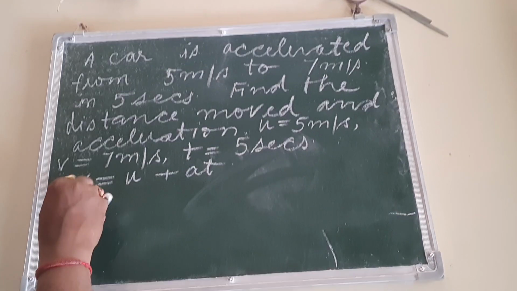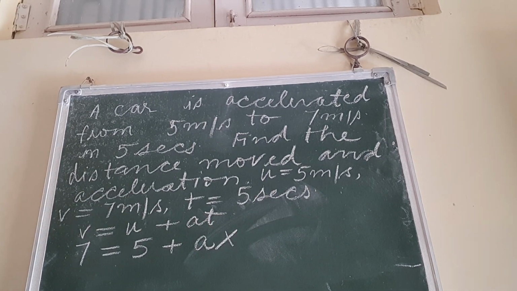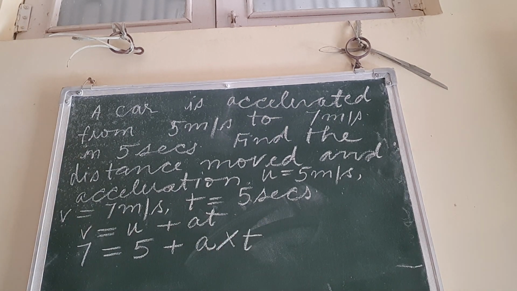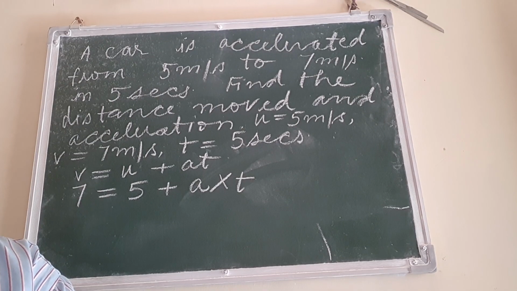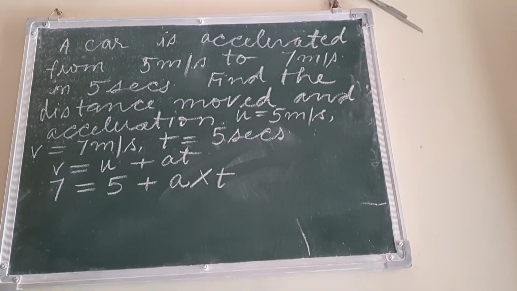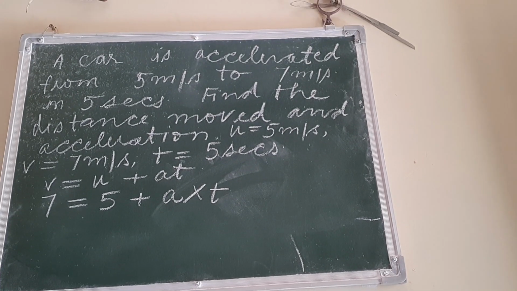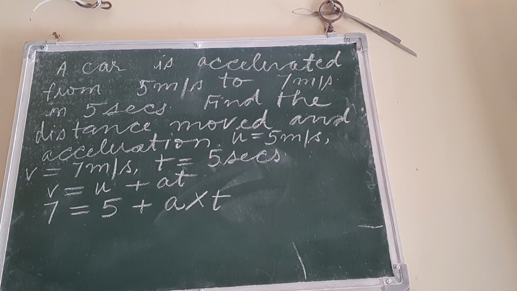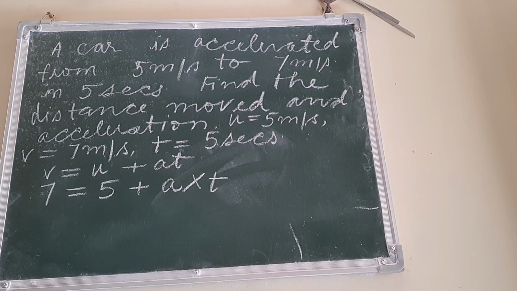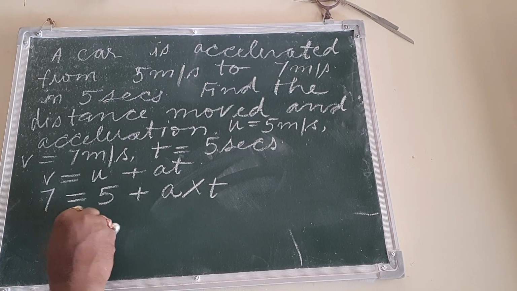Substituting the values, 7 is equal to 5 plus a into t.